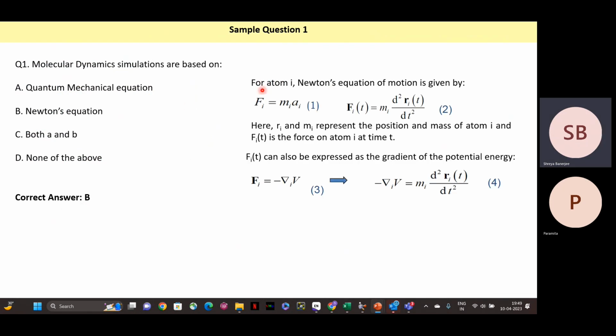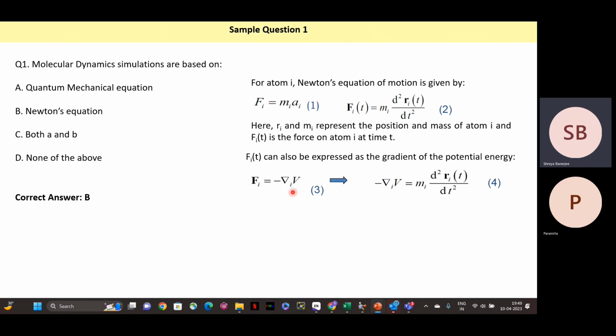So just to recap what we had studied about Newton's equation. For an atom i, the force on the atom is a product of mass into acceleration. And acceleration can be written as the double derivative of the position r at time t. The force can also be written as the negative gradient of the potential energy.